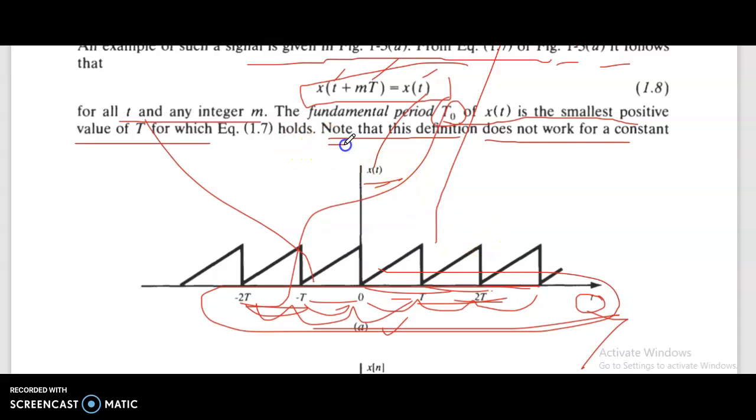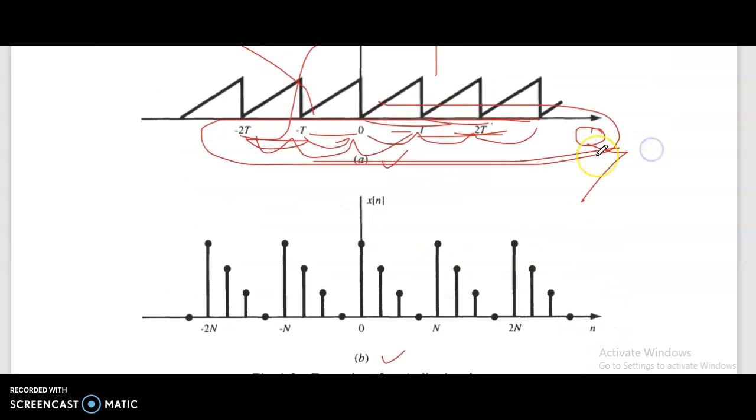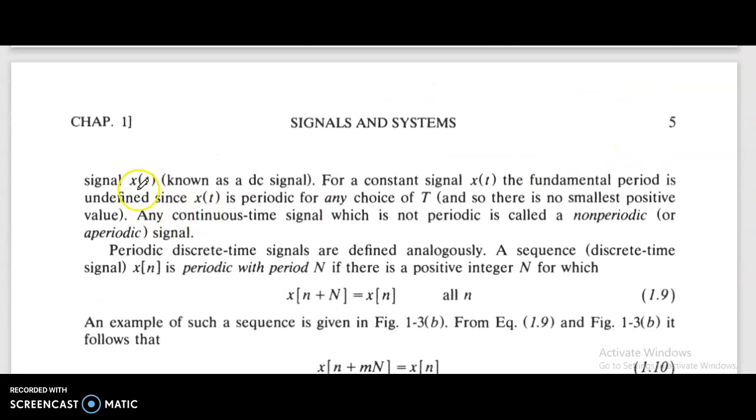Note that this definition does not work for a constant signal x of t, known as a DC signal. A DC signal is a constant signal.